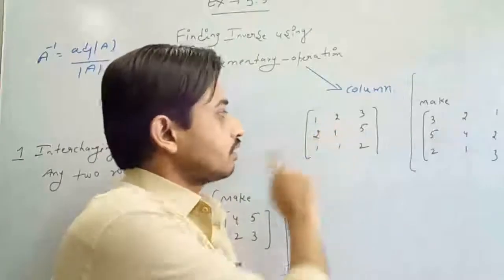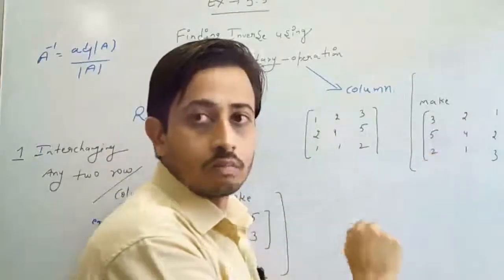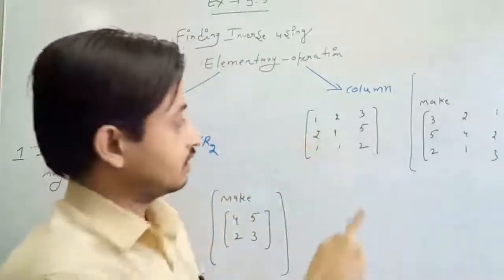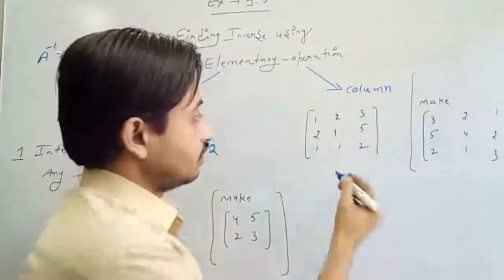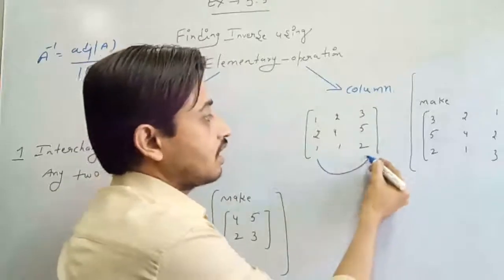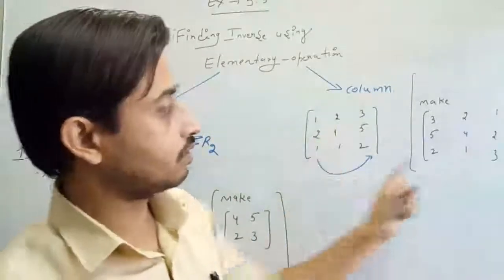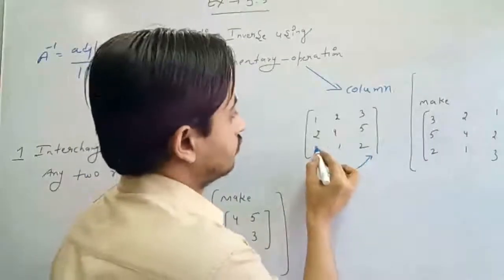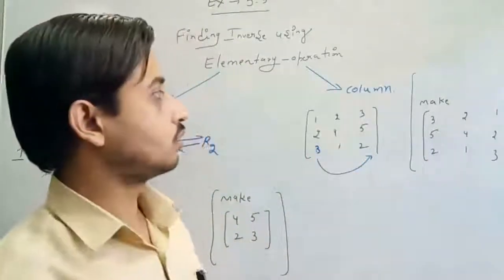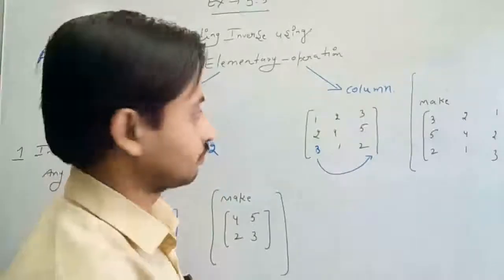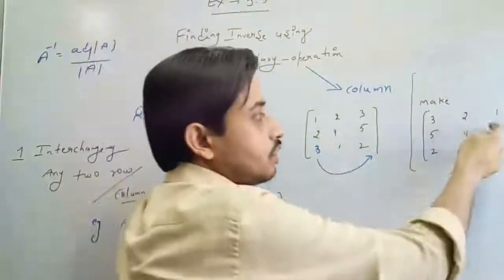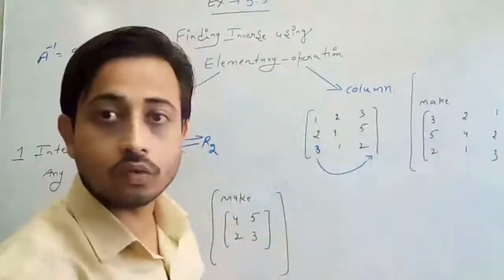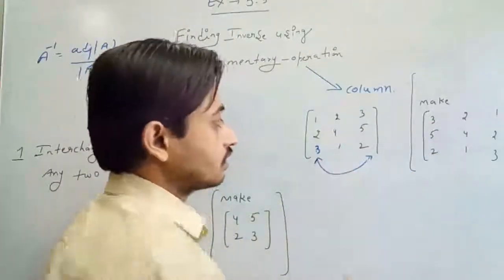Here 1 2 3 is in the first row, and we want 3 5 2 in its place. It means we have to do an interchange.